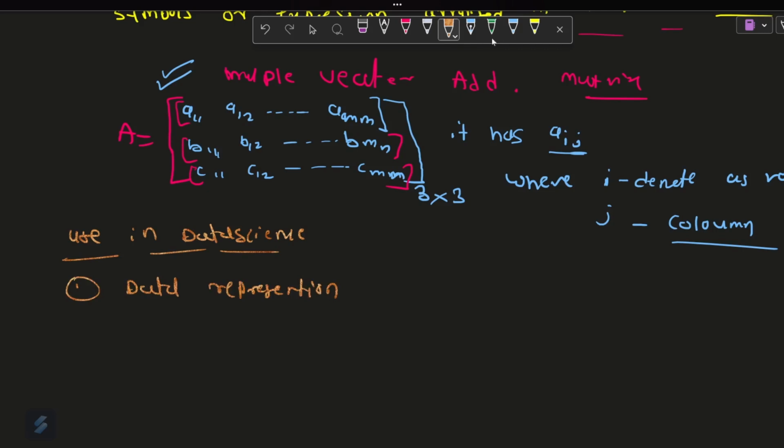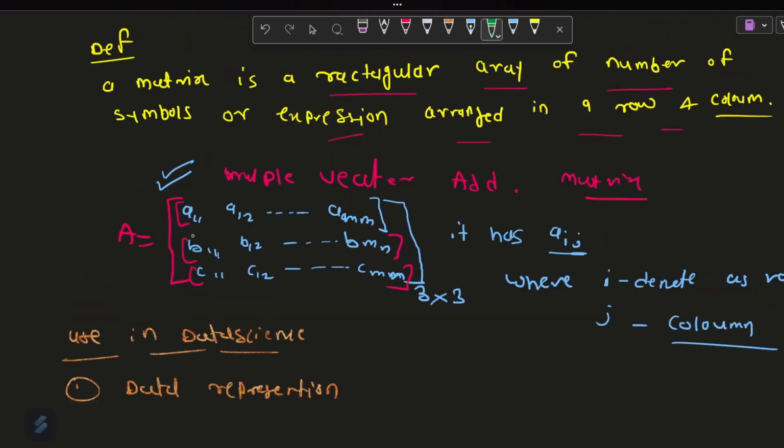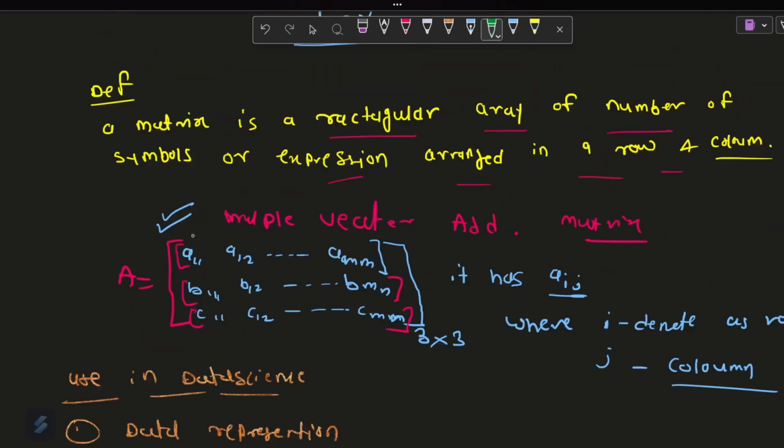Let's understand data representation in data science. I hope you understand the matrix: a rectangular form of symbols arranged in rows and columns, where we have multiple vectors combined.